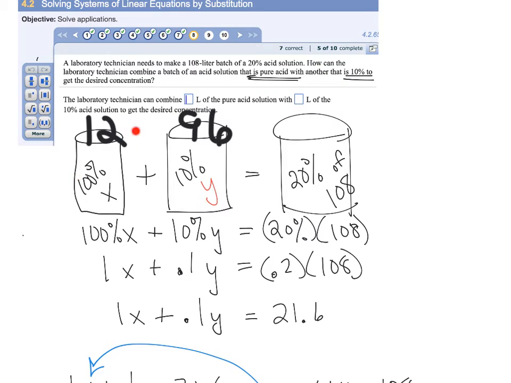I think I've been saying ounces. I mean liters. 12 liters of 100% proof, so 12 liters of pure acid plus 96 liters of 10% acid is going to give us 108 liters of 20% acid.